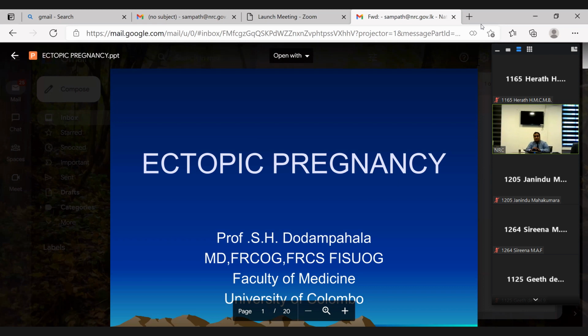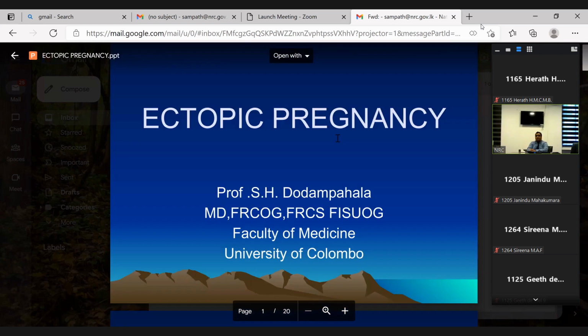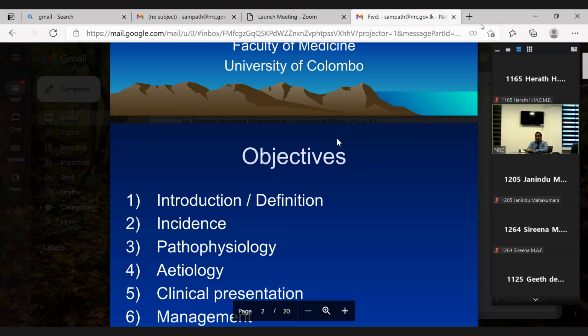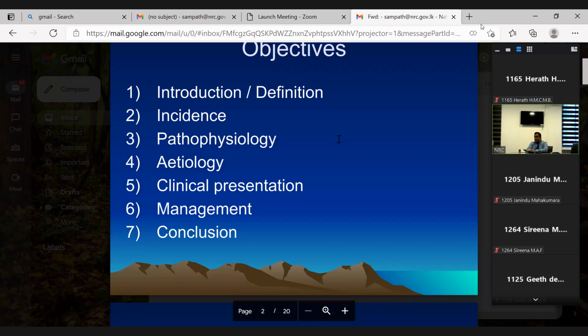It could be anywhere: anterior abdominal wall, cervix, right? Though it is still the endometrium, cervical pregnancy is considered an ectopic pregnancy.